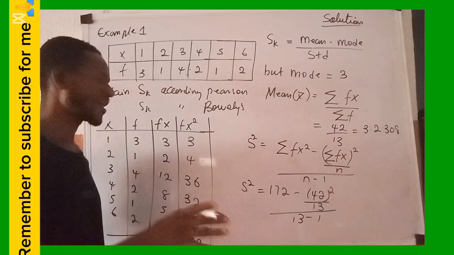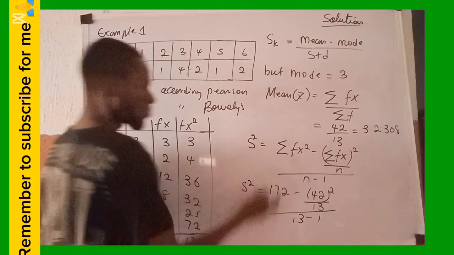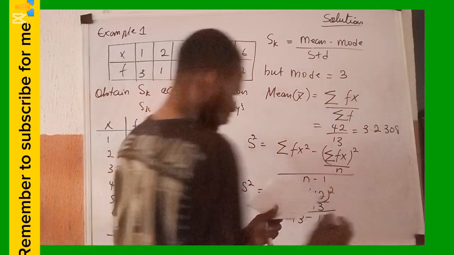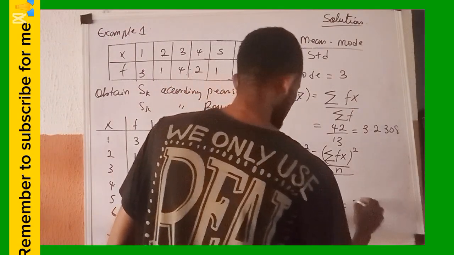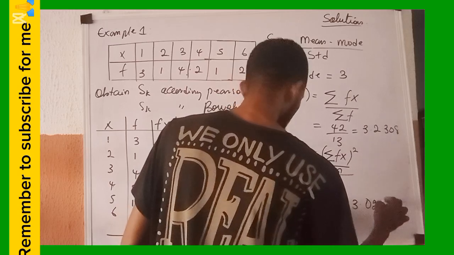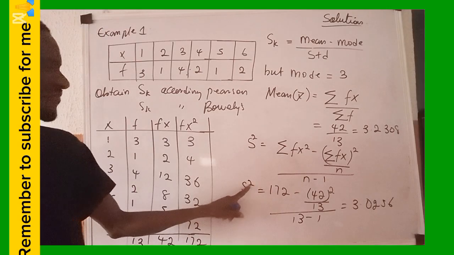Because I don't have the calculator and I cannot be switching over, writing on the board and pressing the calculator, when I evaluated this earlier, the answer I had was 3.0256. And then we are talking about variance.